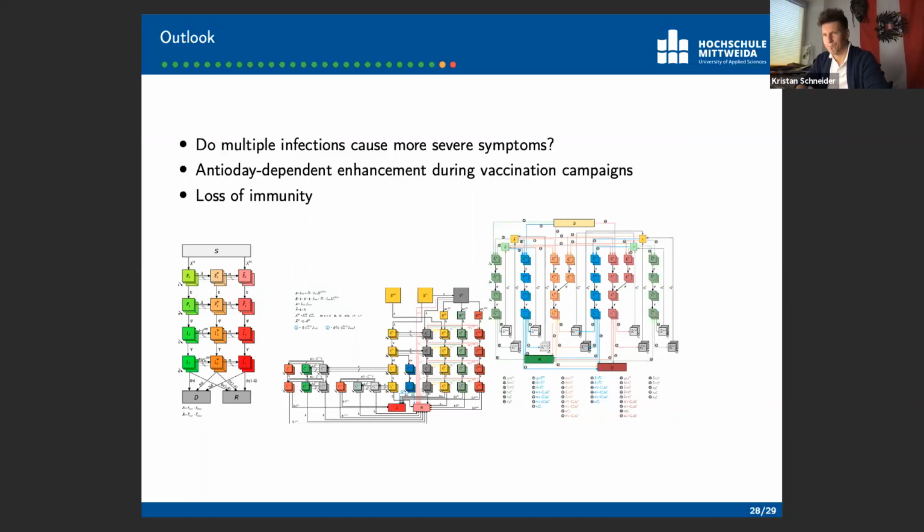Because with this type of model, obviously that is the downside of the model.